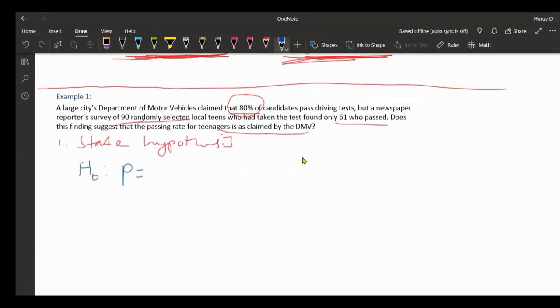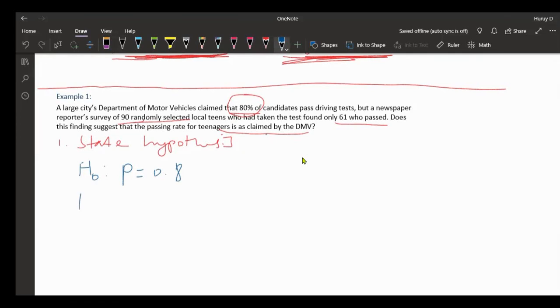This is just 0.8 because of the claim. I'm trying to test the claim of the DMV, and that's 80%, so I have to convert that to a proportion. So I say P equals 0.8. This is my null hypothesis. You remember the null hypothesis is a no change, so we always use the equal sign.